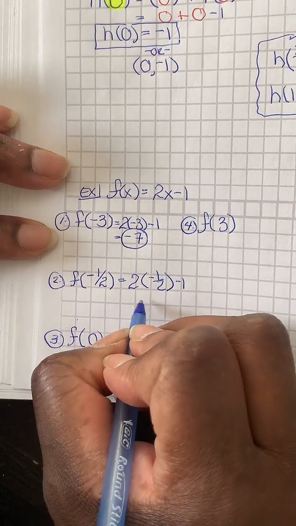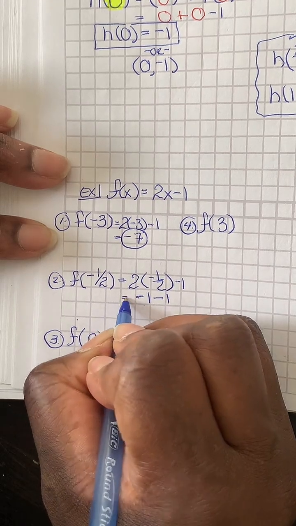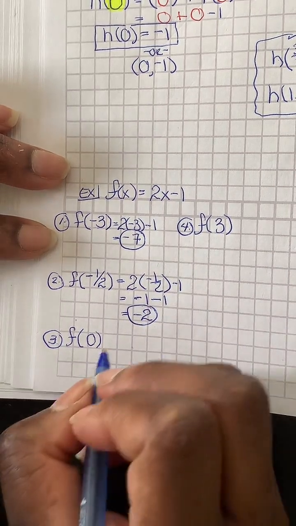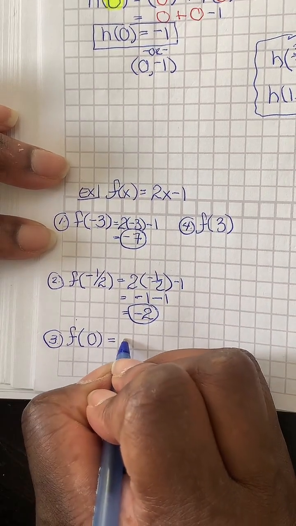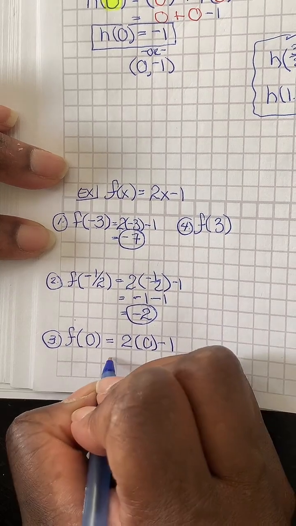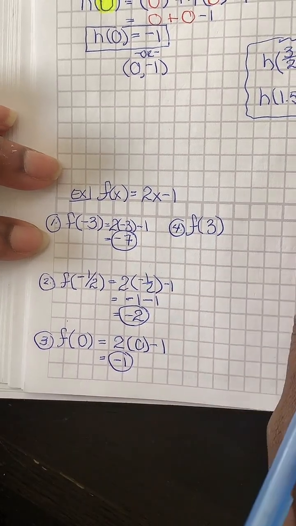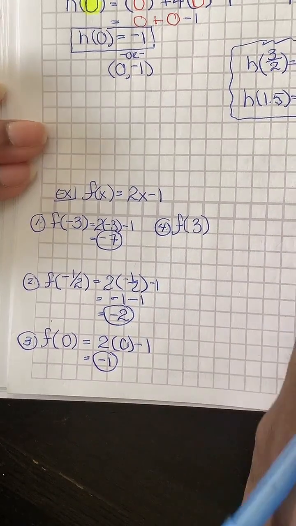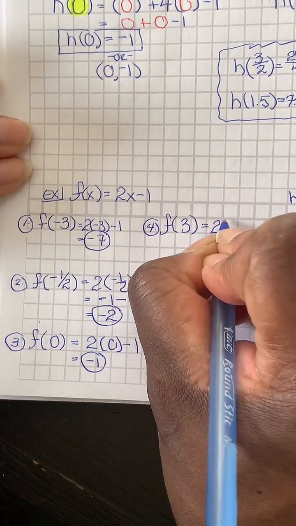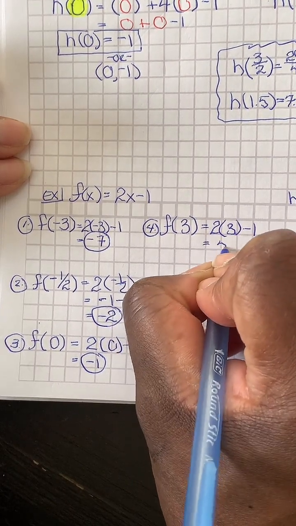Half of 2 is 1, so this will be -1, and -1 minus 1 gives me -2. When we plug in 0, 2 times 0 minus 1, anything times 0 is 0, so we just get -1. And for f of 3, we have 2 times 3, which gives me 6, minus 1 will give me 5.